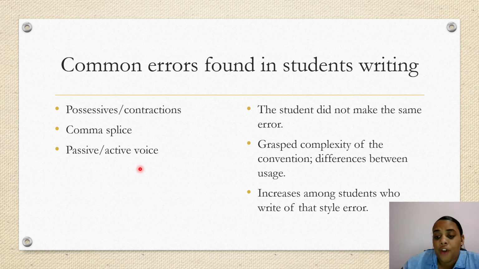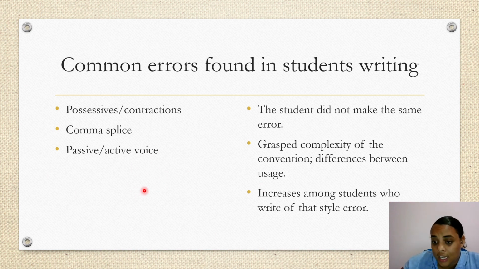So Joyce actually found two things. One, that increases among students who write in this style happen to all students that have written on the passive and active. So it wasn't only this student, according to him.